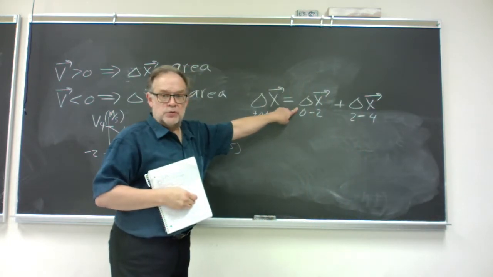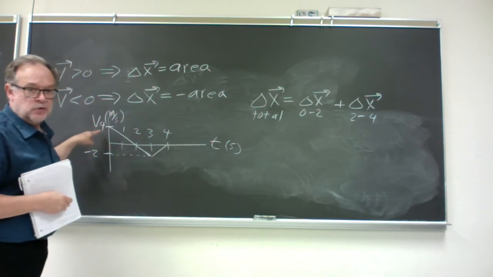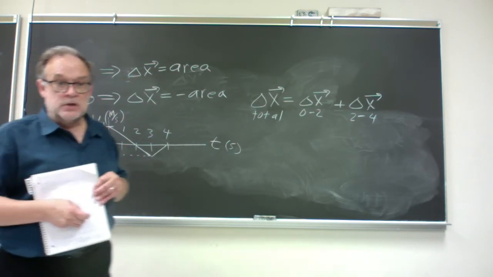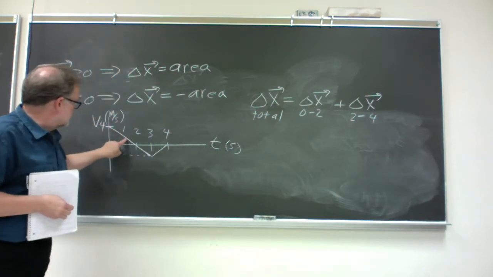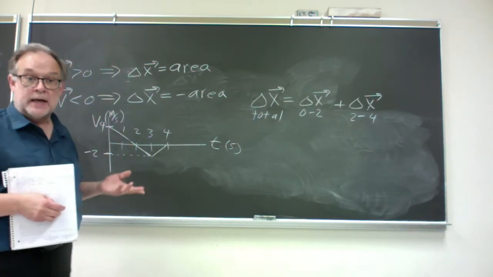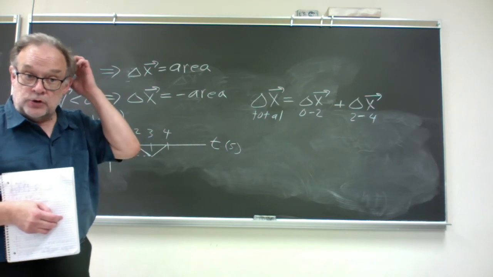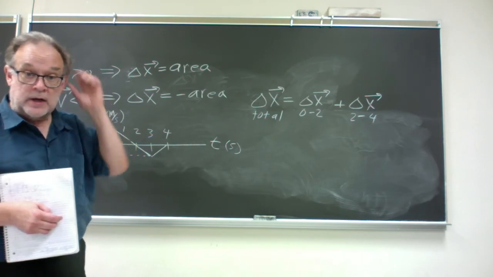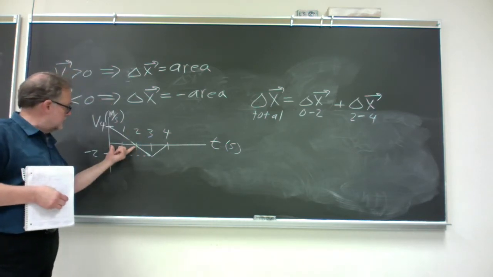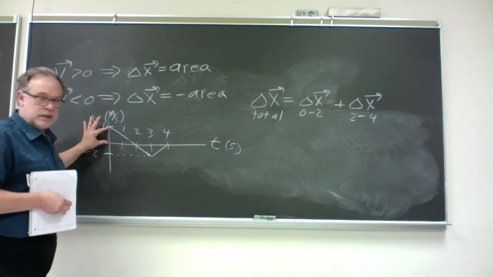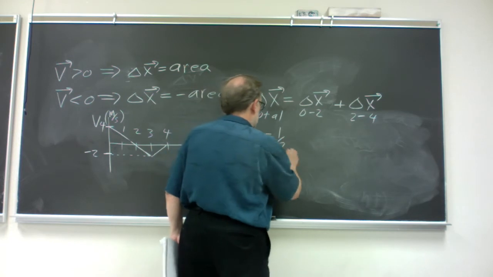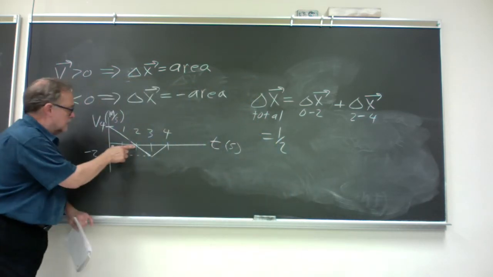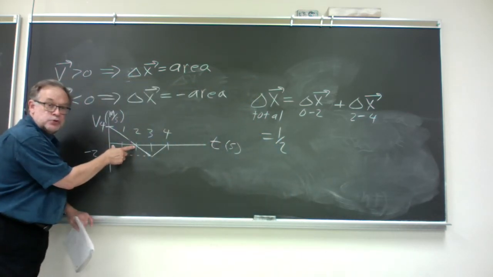Displacement during the first 2 seconds happened when the velocity was positive, so that displacement is just the area between the velocity line and the time axis. It's a triangular area, and you can always calculate the area of a triangle as 1/2 base times height. So this area is 1/2, and the base side of the triangle is 2 seconds long.